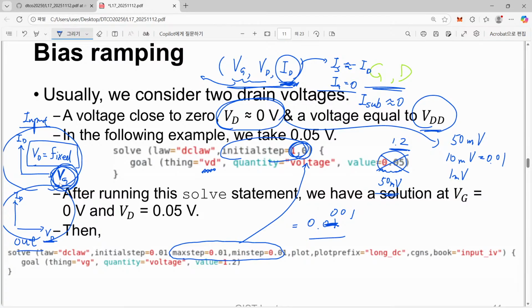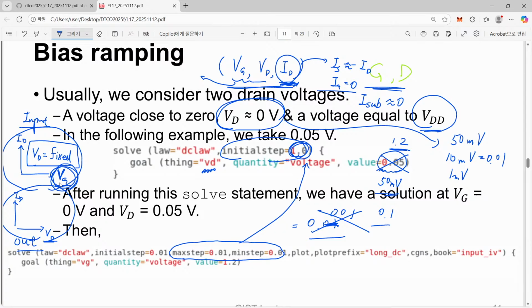So then why don't you try 0.1 instead? Yes, if that works, that is much better than 0.01: 10 times fewer bias points. But who can say for certain that your trial will be successful? That's the problem.